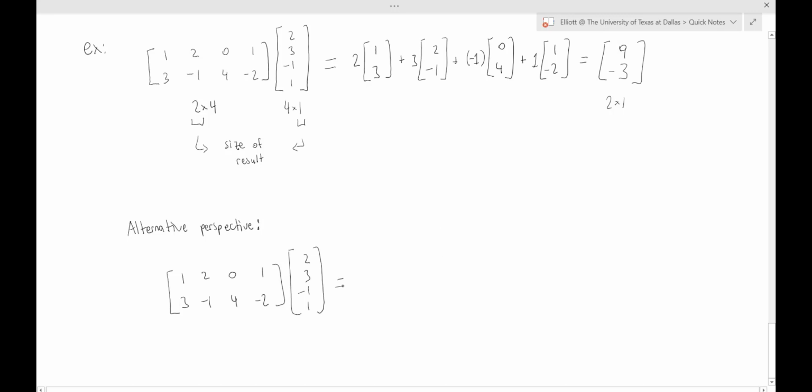So we can compute the result of this product one entry at a time. So the way it works is that the entries of the result are the dot products between the rows of matrix A with vector x.